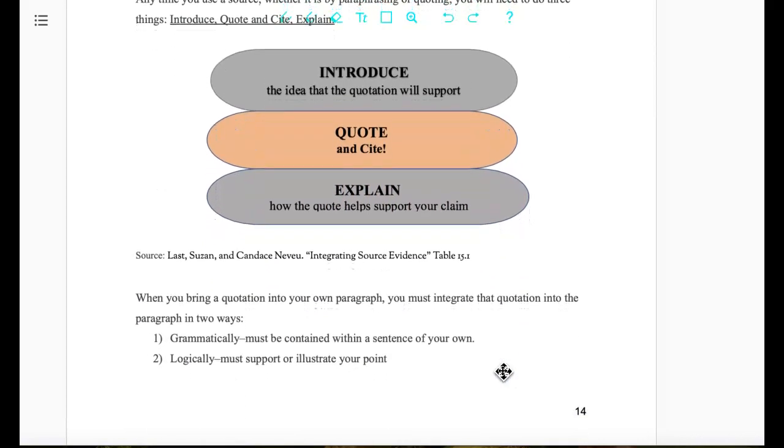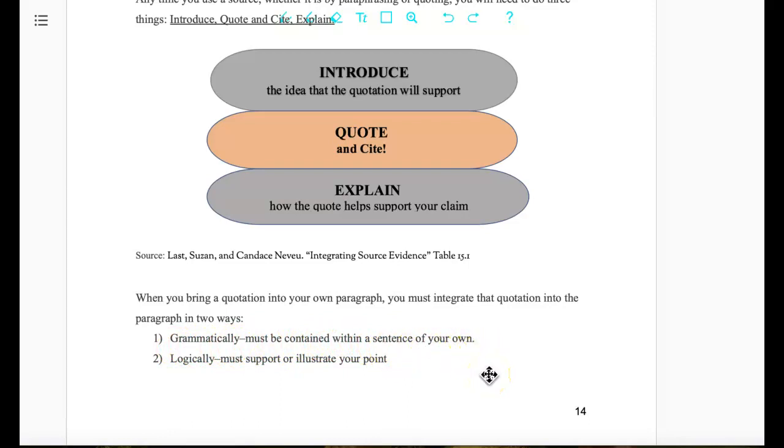When you bring a quotation into your own paragraph, you have to integrate that quotation into the paragraph in two ways, and this is super important. This is what's going to set you apart as a high school student from what you did when you were a junior high student. First of all, you have to integrate that quotation grammatically. Grammatically, it must be contained within a sentence of your own.